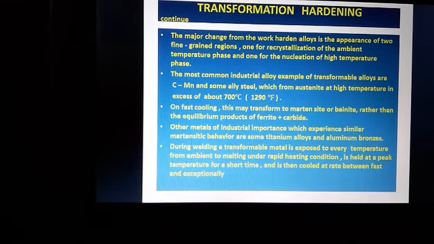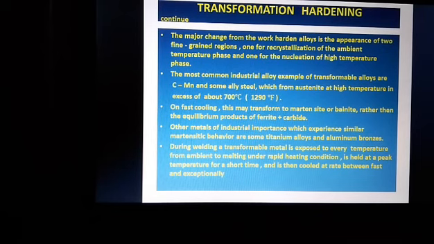The major change from the work hardened alloy is the appearance of two fine grained regions, one for crystallization of the ambient temperature phase and one for the nucleation of the high temperature phase. The most common industrial examples of transformable alloys are carbon manganese and some alloy steels, which form austenite at high temperature, in excess of about 700 degrees centigrade.